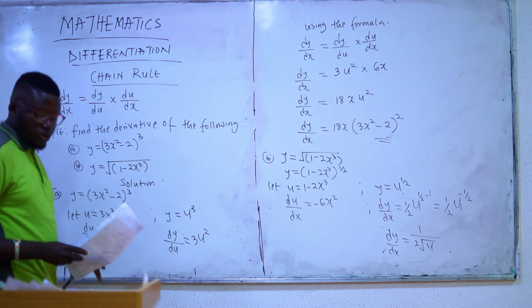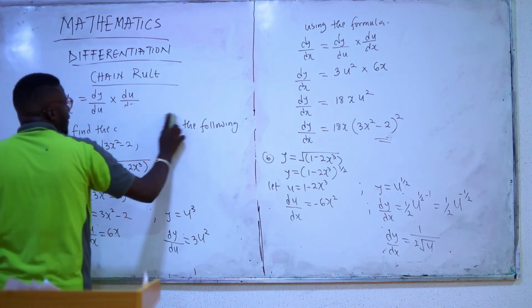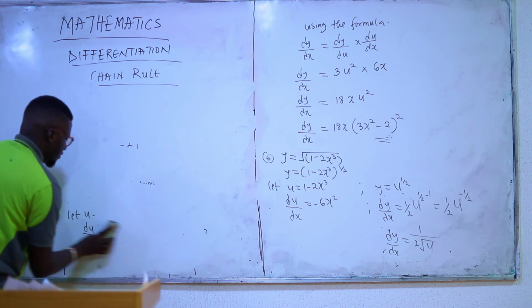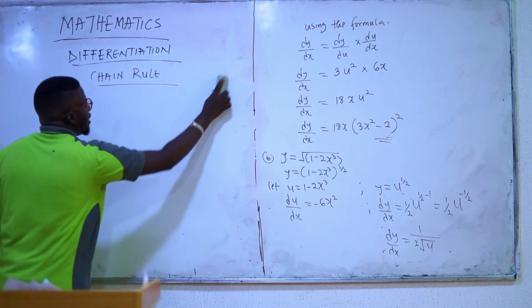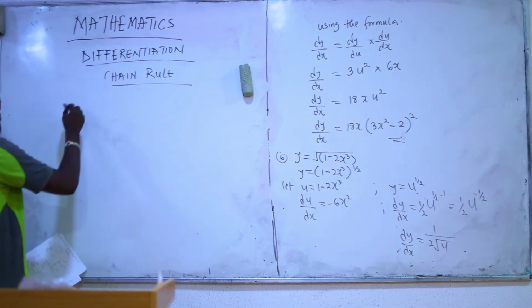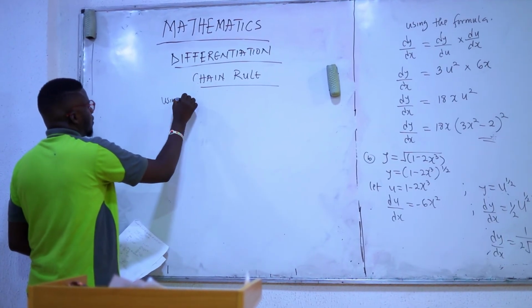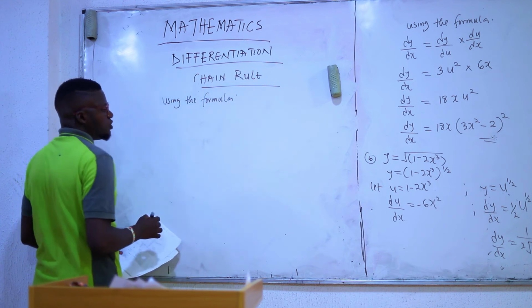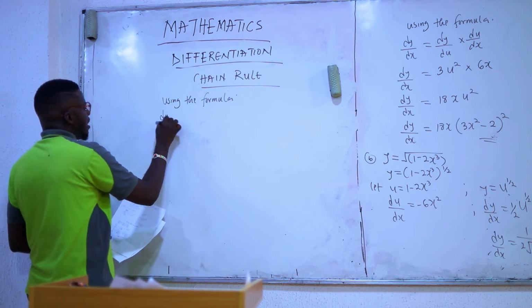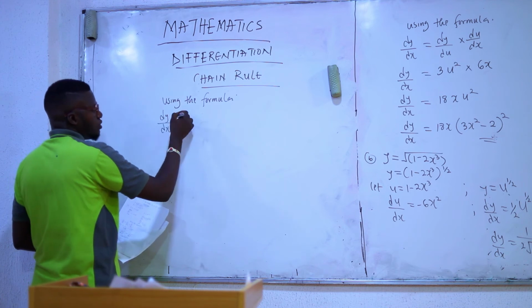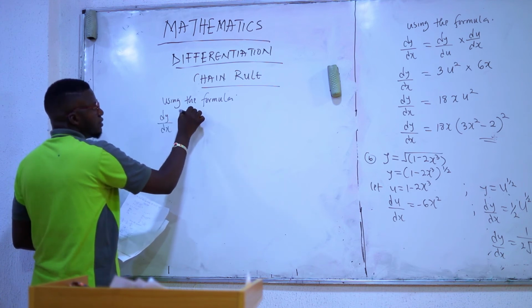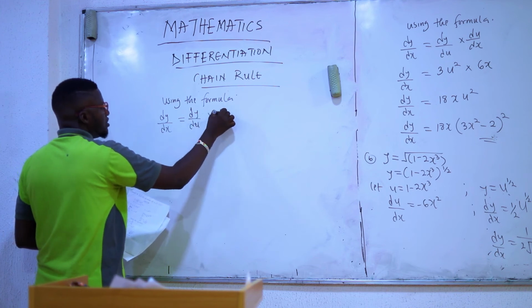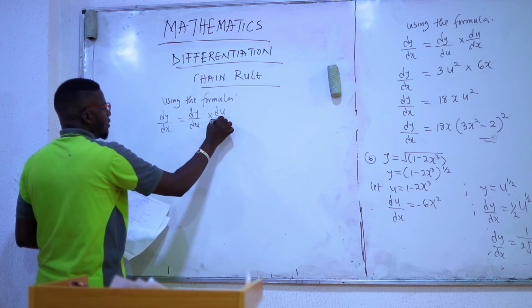So all I need to do is use the formula: dy over dx is equal to dy over du times du over dx.